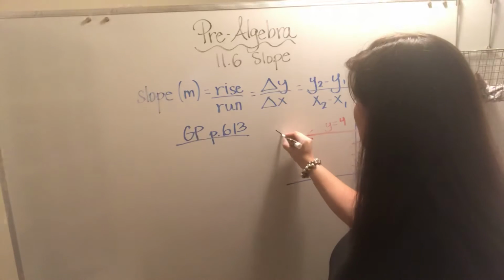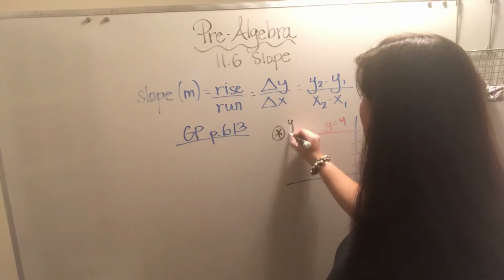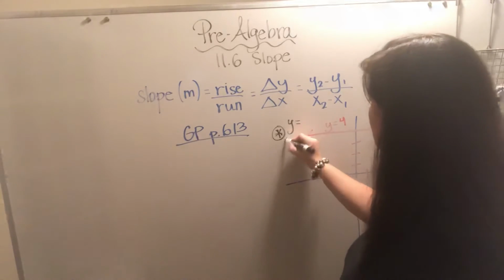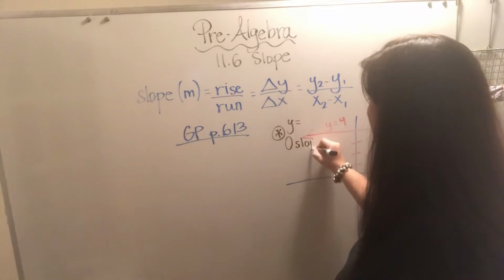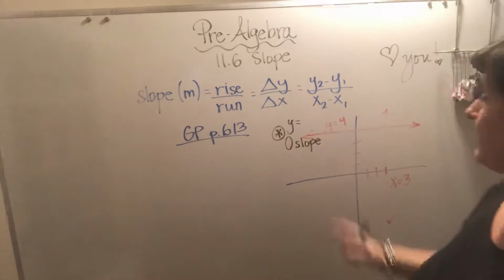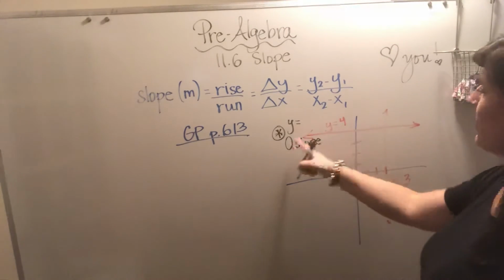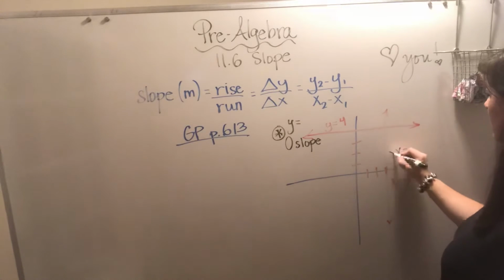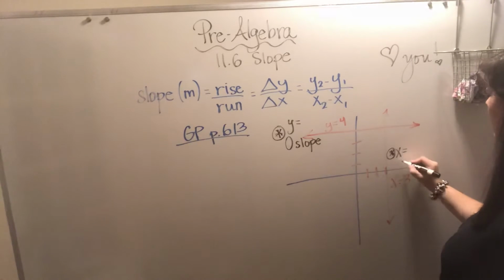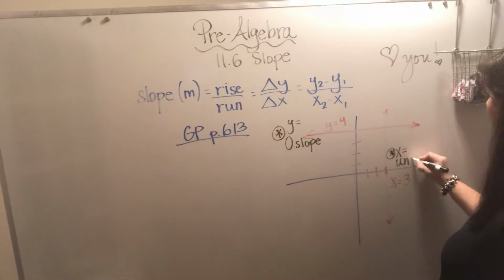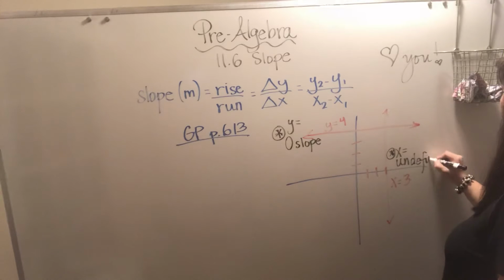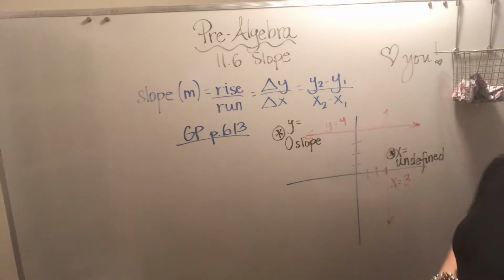The slope of this line is actually 0 slope. And we'll see that when we calculate it. But a y equals horizontal line is 0 slope. And x equals a vertical line is undefined. Okay, this is not 0 slope. It's a vertical line, and its slope is undefined, not 0.